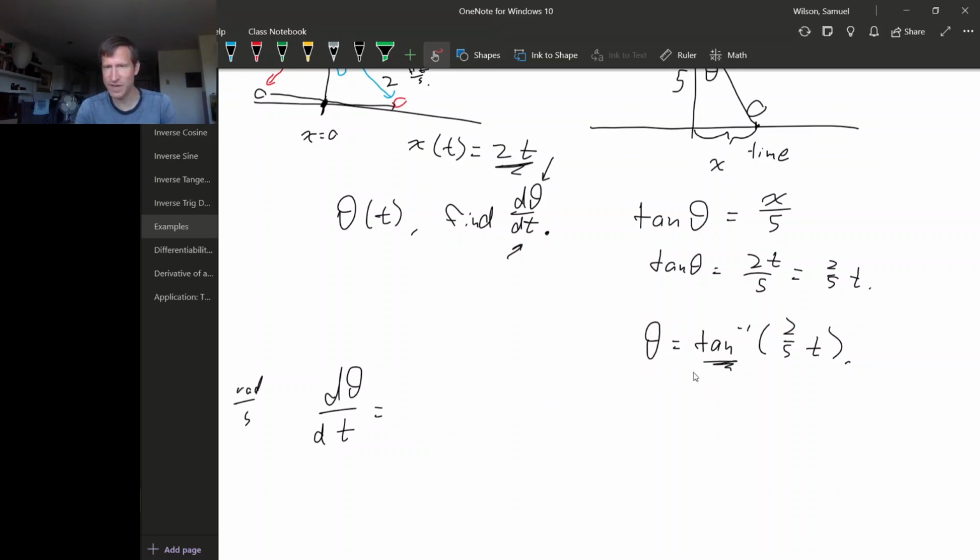We need to find the derivative of this function. So it has an inside and an outside, right? The outside part is inverse tangent, and the inside part is this multiplication by 2/5 function. So we need to use the chain rule. The derivative of inverse tangent is 1 over 1 plus input squared, and we need to put our 2/5 t in here.